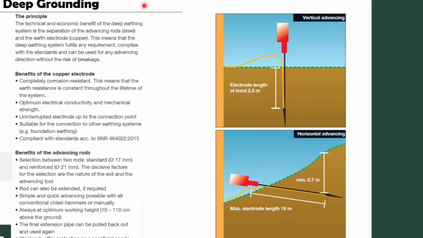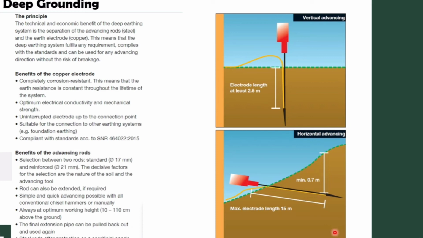And finally, the third type of the grounding system is the deep grounding. For the deep grounding, I only install an electrode or copper rod inside the ground. I can install it vertically as you see in this picture, or with a slope. If I install it in the vertical shape, the electrode length must be at least 2.5 meters.